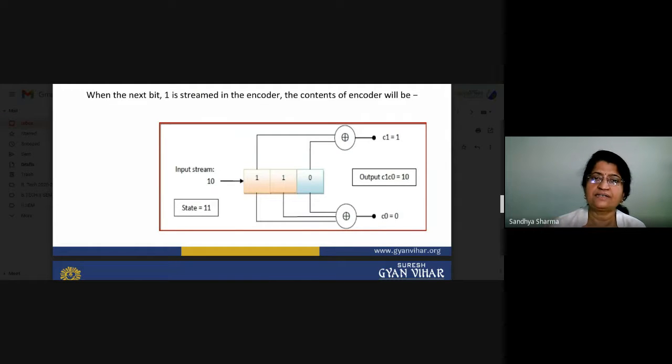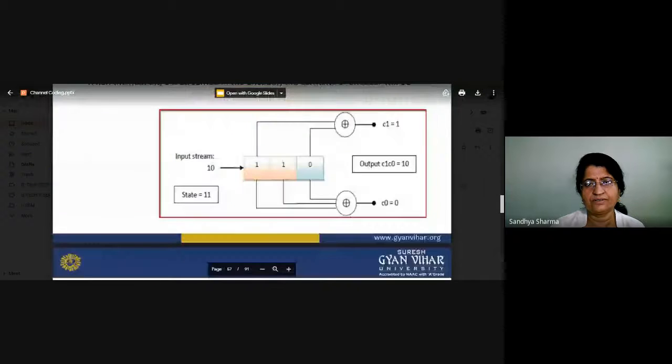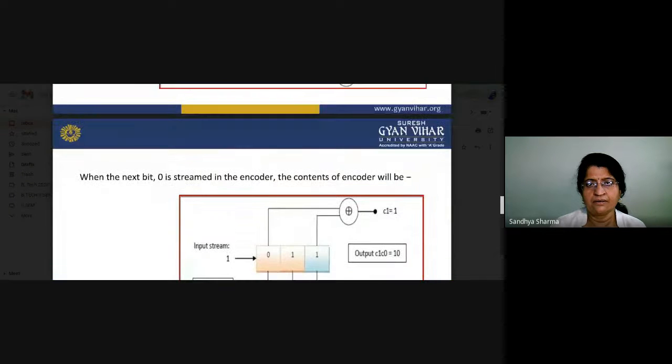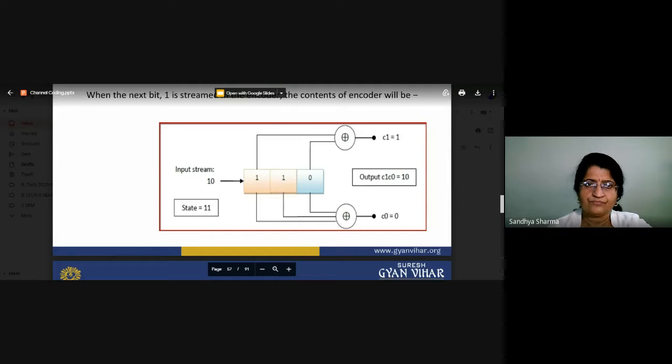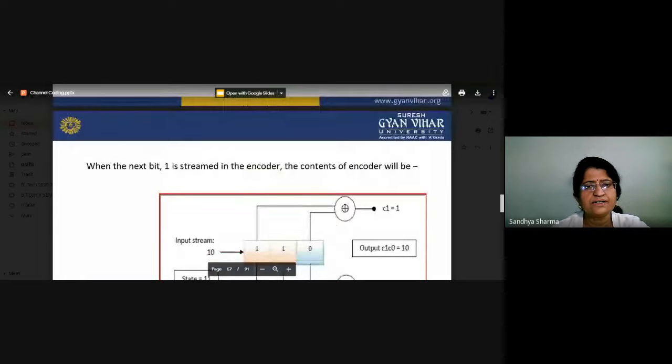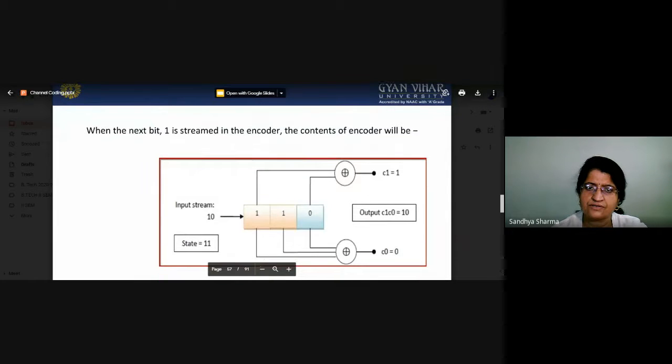You can also take it in parallel with this. When the next bit 1 is streamed into the encoder, the second bit, what will happen here? You can see here 101. So the next bit 1 is streamed into the encoder, and what will be the content of the encoder?